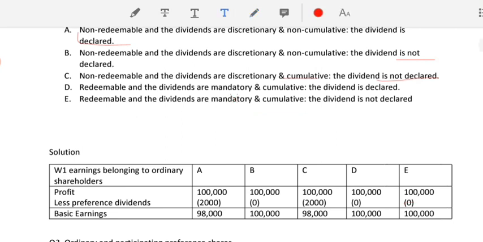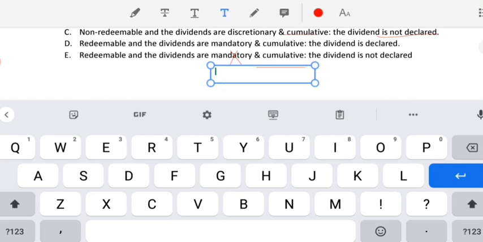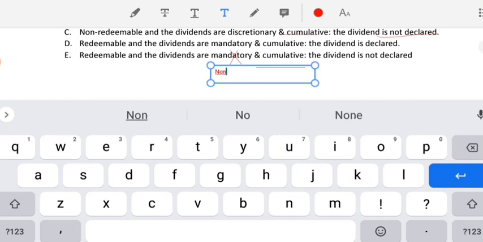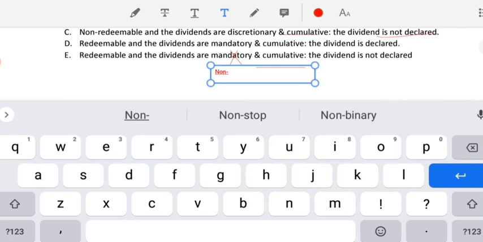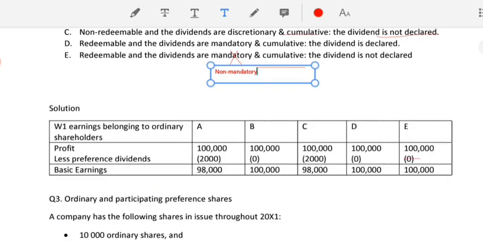It's supposed to be non-mandatory here, right?